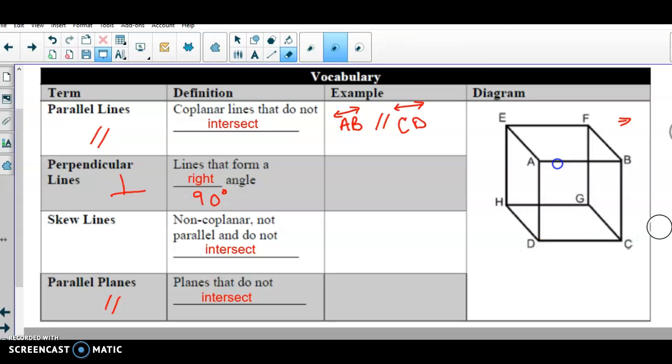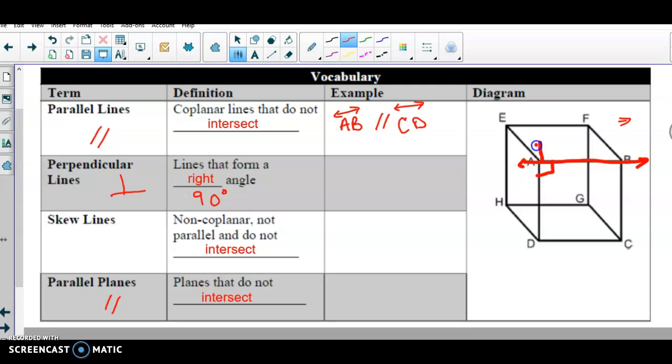All right, perpendicular, form a right angle. So if I go back to line AB, what would be perpendicular to it? Now, it's hard to tell in a three-dimensional shape, but there's probably a right angle here.